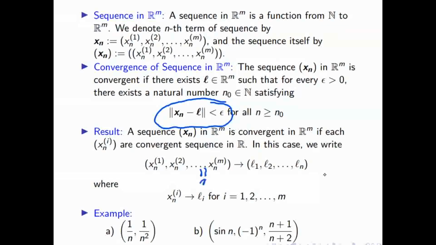So this is Xn with m components, this is L, so this is m, not n, m components. Can you tell me the distance between these two? That is the norm. What is the distance formula? It is the square root of Xn1 minus L1 whole square plus Xn2 minus L2 whole square plus Xnm minus Lm whole square, and that is less than epsilon.